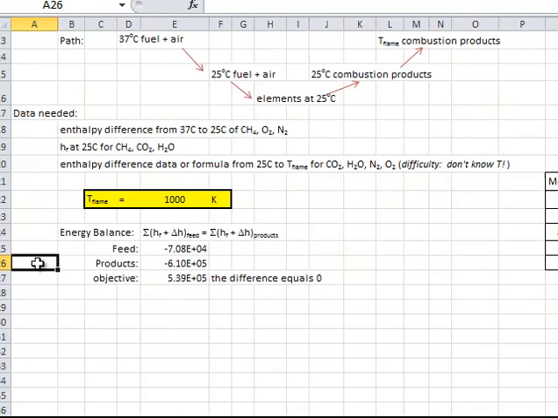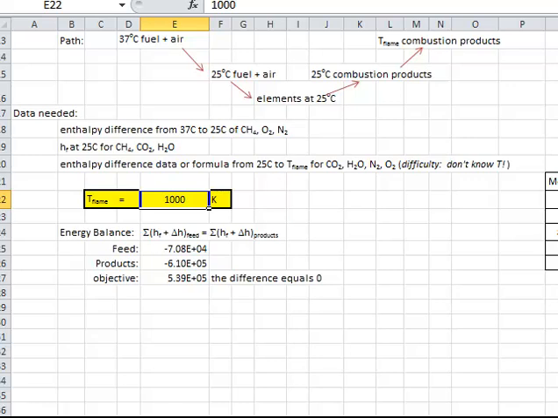Now I did this for a guessed value of flame temperature. I set an objective function where I wanted these two to be equal to each other, so I just simply subtracted. Then, you can use goal-seek, solver, whatever is easiest for you to use.